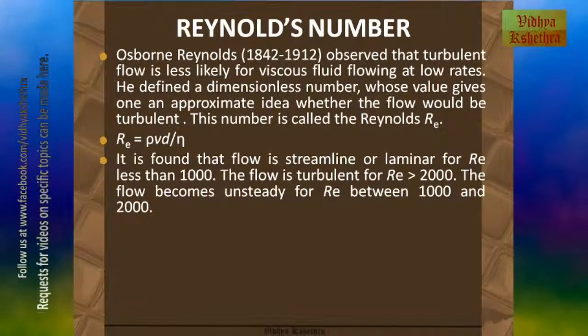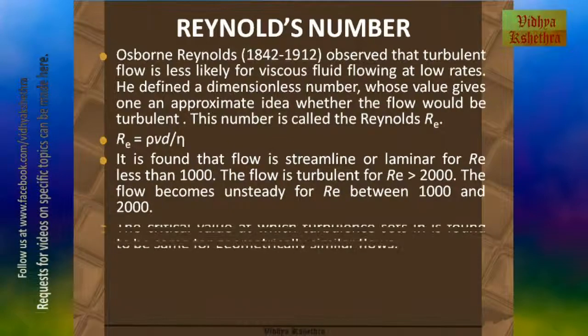It is found that flow is streamlined or laminar for Re less than 1000. The flow is turbulent for Re greater than 2000. The flow becomes unsteady for Re between 1000 and 2000.